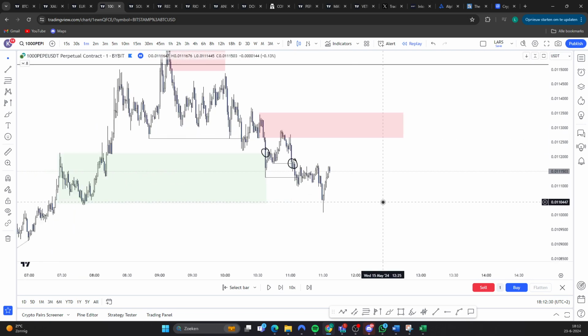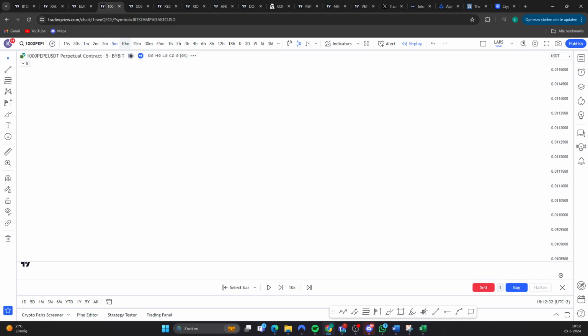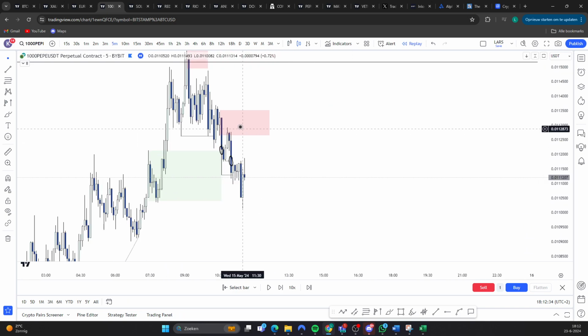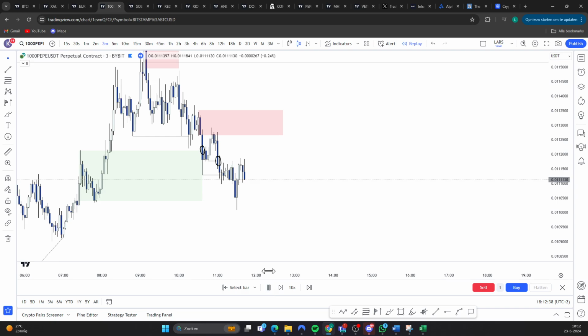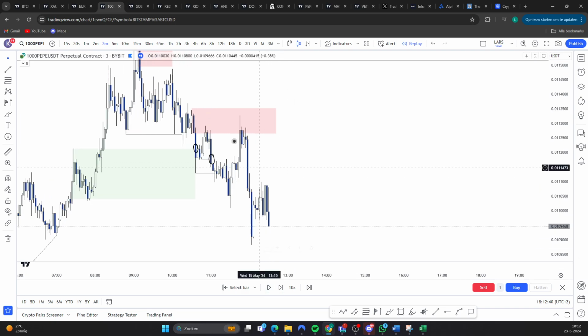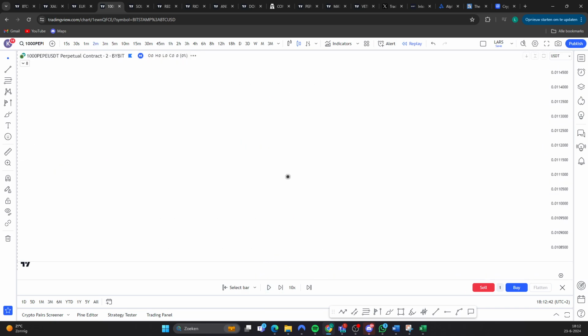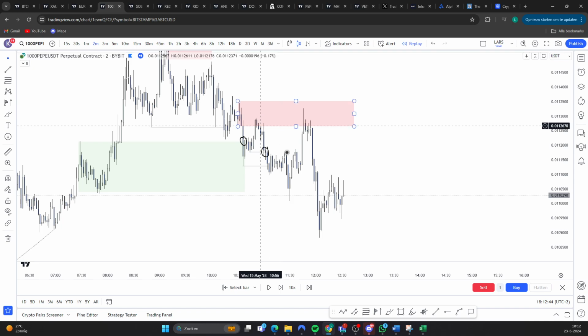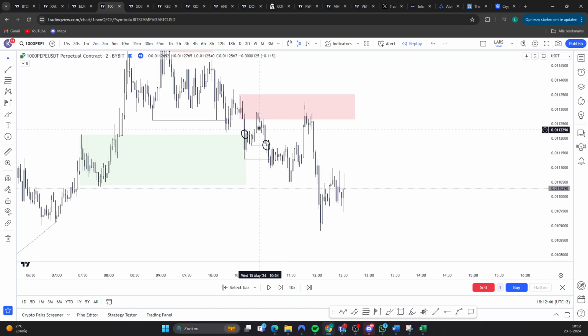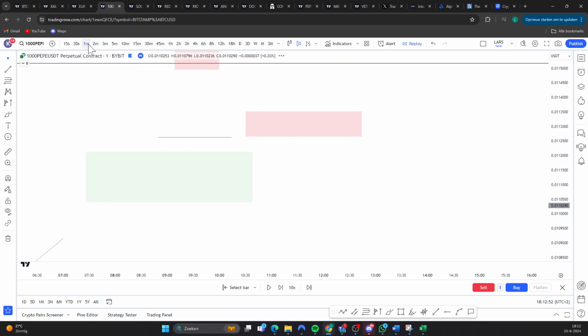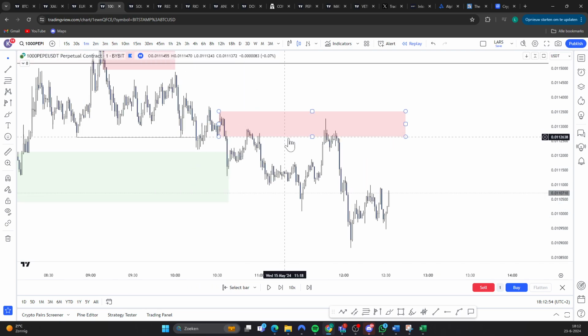Let's zoom in, what happens. Shoot back up. Just the SFP of a more important high. We're short already, guys, look at that.